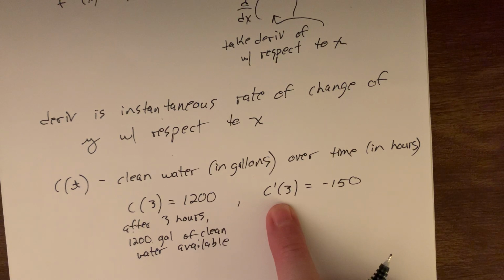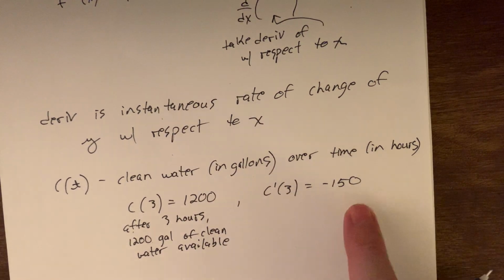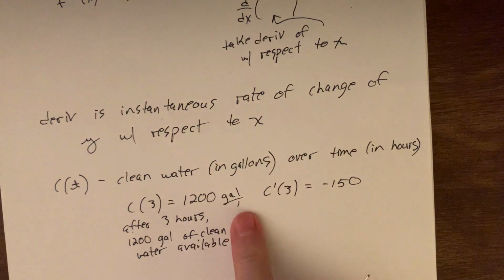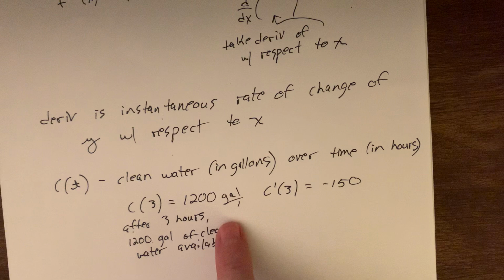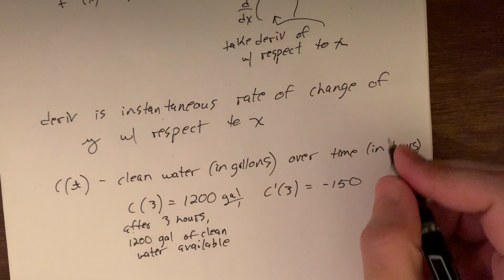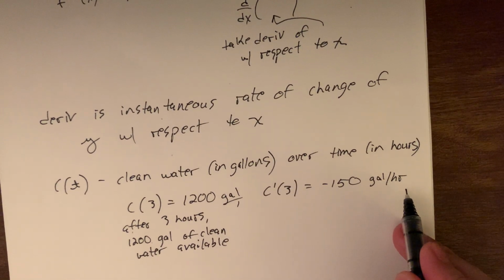The derivative has units y over x, or in this case, c over t. So right away I could note that this should have units gallons, but even if we just saw this notation, having this description, we should be able to fill all this information in. But over here, this would have units gallons per hour.